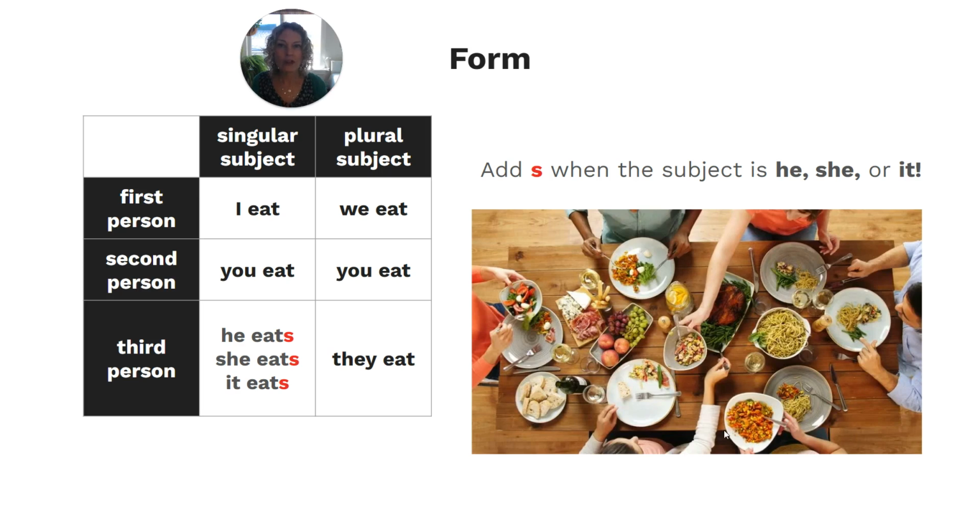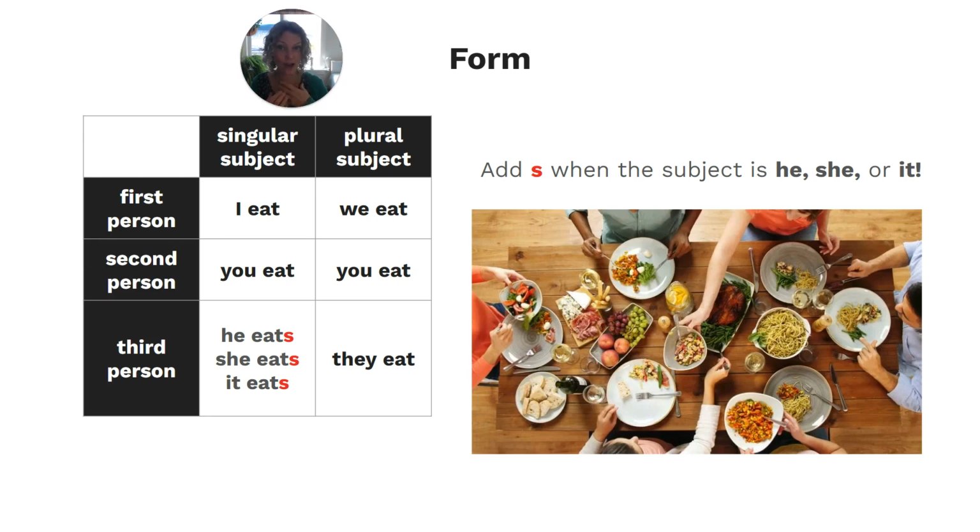So whenever you are conjugating a verb, and that means looking at the different forms of the verb depending on the subject, you need to think about who is doing the action. So first person is I, and first person is singular, right?